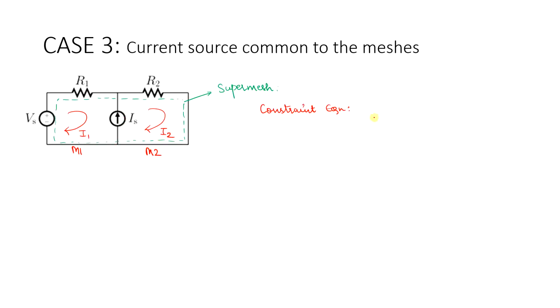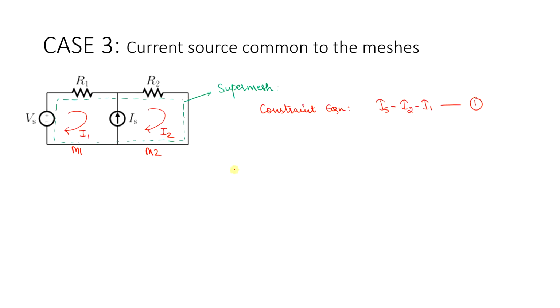So I can write the constraint equation as IS, the current source value, equal to I2 minus I1, since I2 is the dominant mesh here. This is a constraint equation which gives you the relationship between the mesh currents and the current source. So once you have written the constraint equation, this would be your one linear equation.